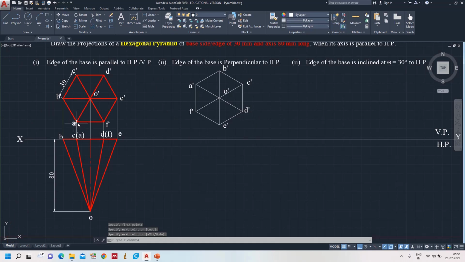See here, the edge AF is horizontal and AF is vertical, meaning it is parallel to both the planes, and here this edge AF is perpendicular to the horizontal plane.